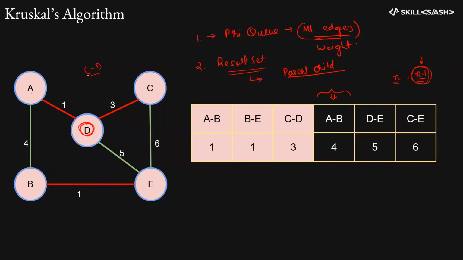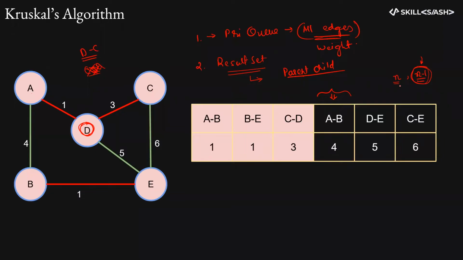Because if the source of the edge object is C and the destination is D, you will not add it, because destination D has already been done. So the edge should be D to C. Now you cannot predefine this when you are creating a graph, whether the edge will be C to D or D to C. So that logic will be very complex to incorporate in code.